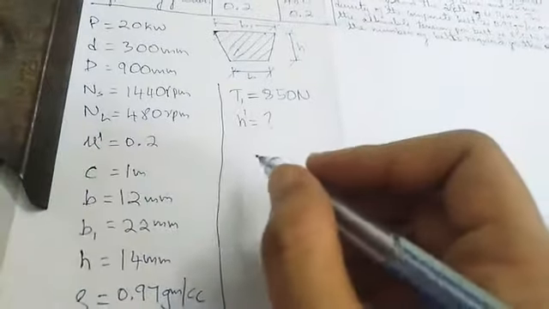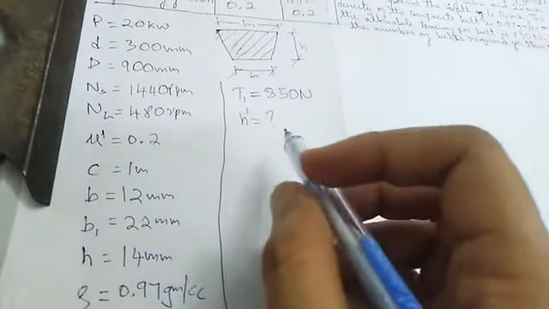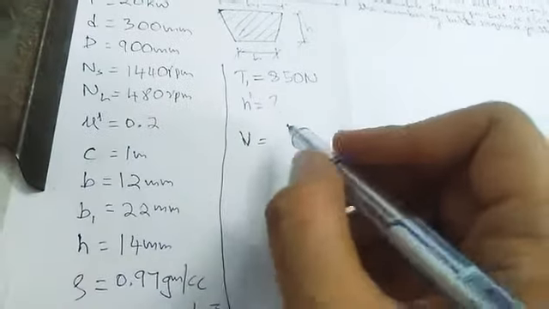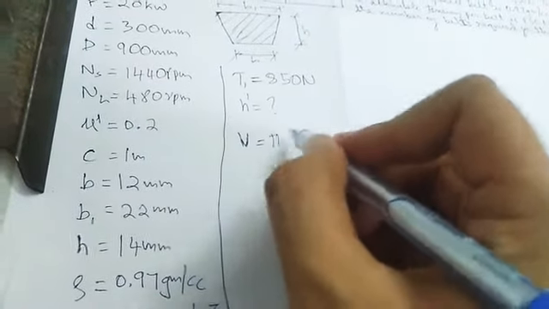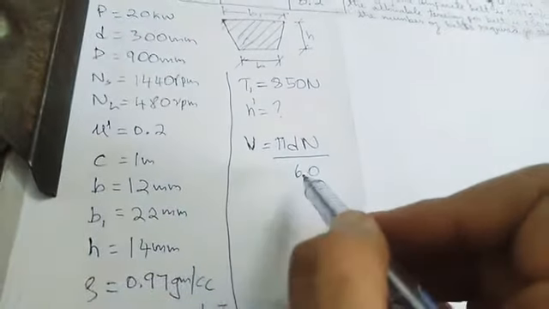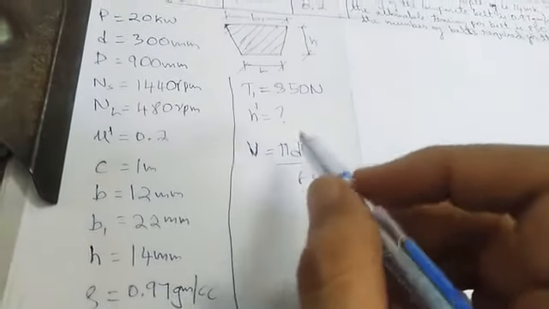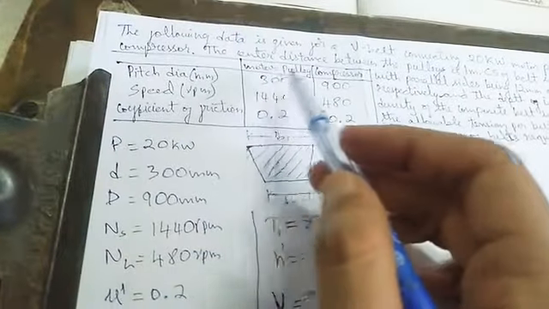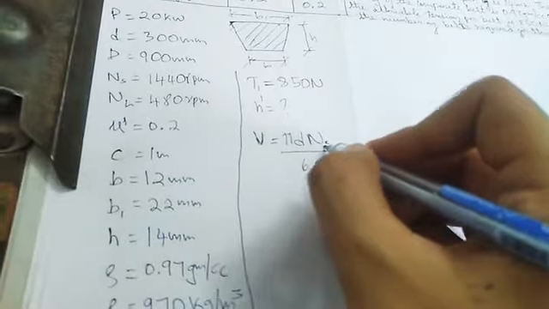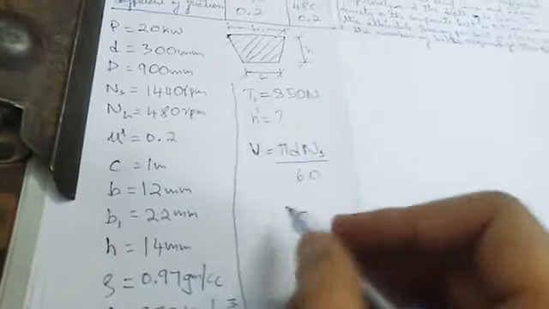So we shall find the velocity and wrap angles before proceeding to find the number of belts. So velocity is pi d n by 60. Here we are going to find the velocity of smaller pulley, because smaller pulley is the driver pulley, the motor pulley is the driver pulley. So n s, and small d is diameter of smaller pulley.